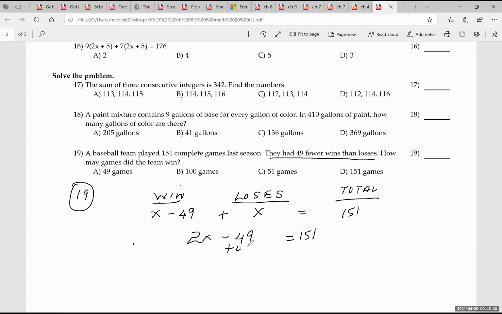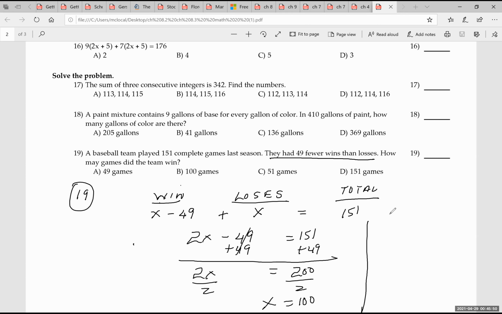So you add 49. So this will cancel off. We have 2x is equal to 151 plus 49, which will give you 200. Okay, then you divide this by 2. You get x is 100.